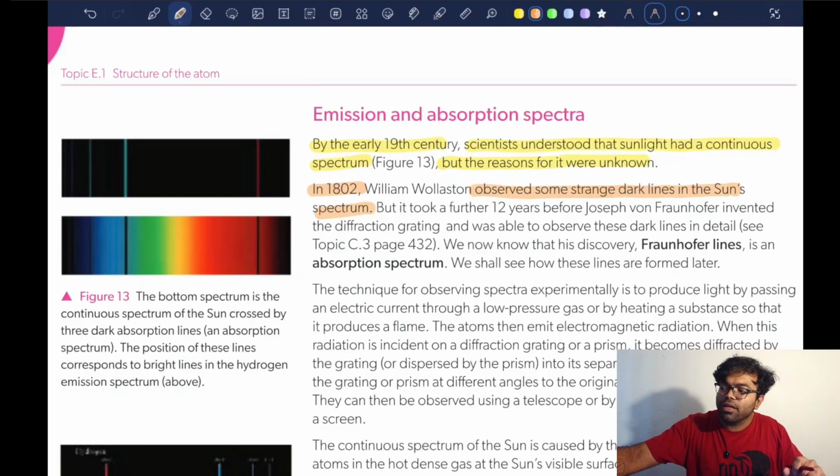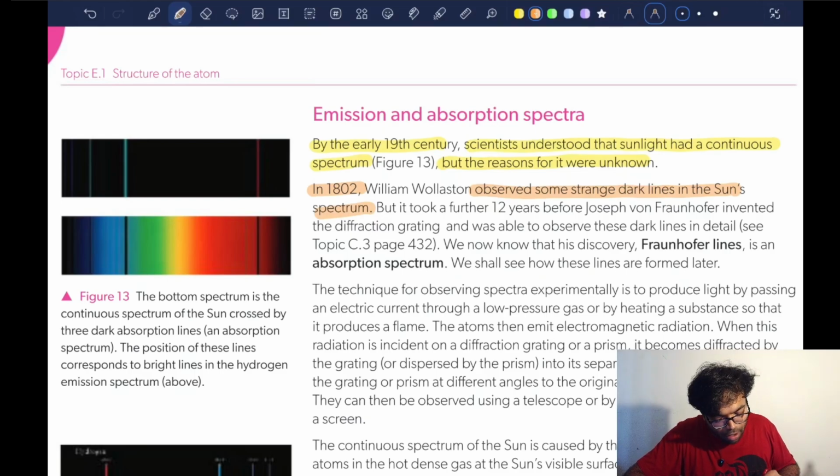But what he observed was, one day when he was looking at the photograph of the spectrum that he had taken, that some of the lines were missing. But it took a further 12 years before Joseph von Fraunhofer invented the diffraction grating and was able to observe these dark lines in detail.